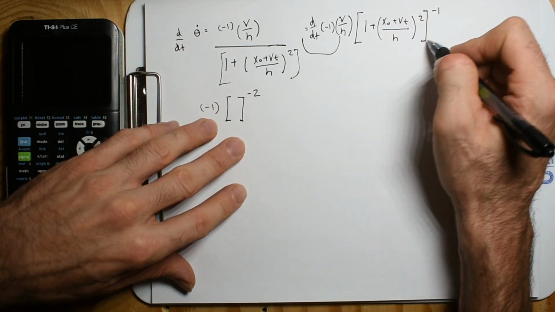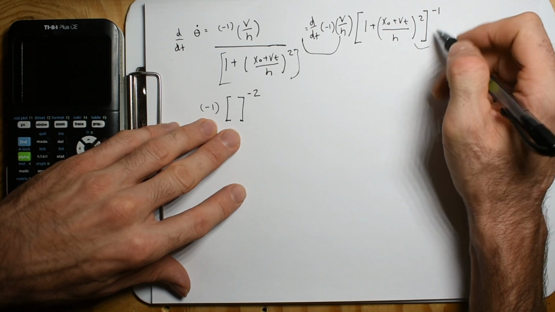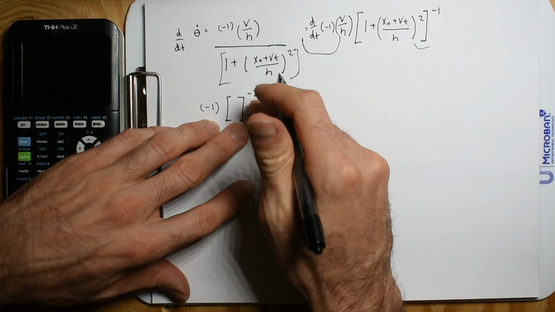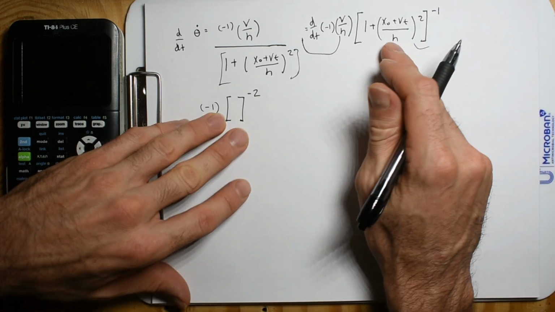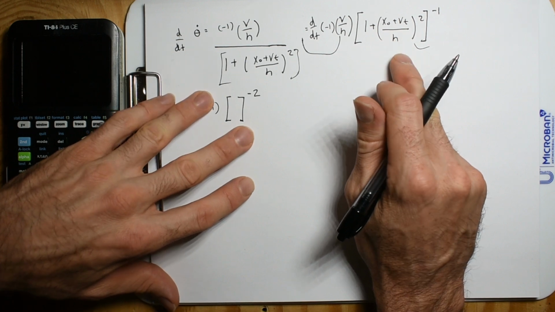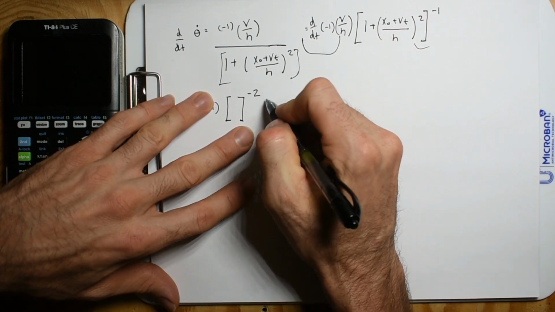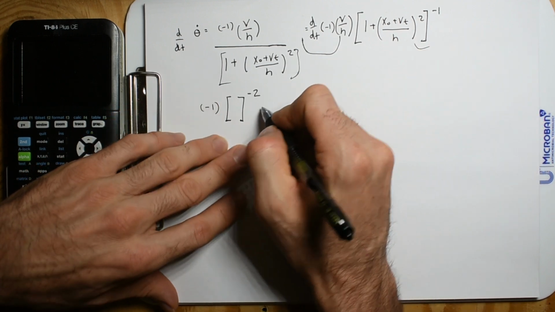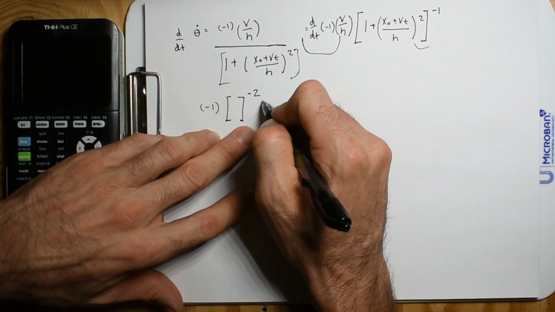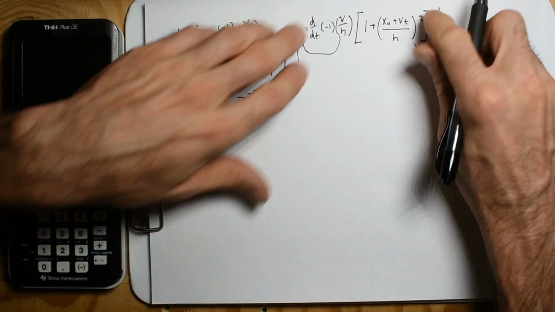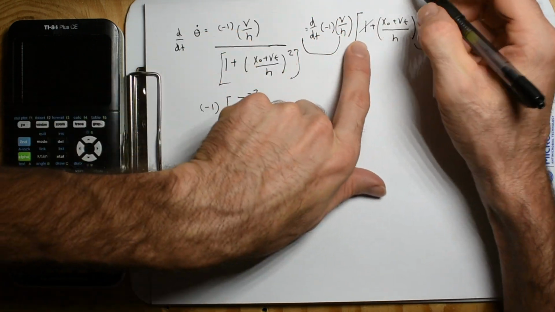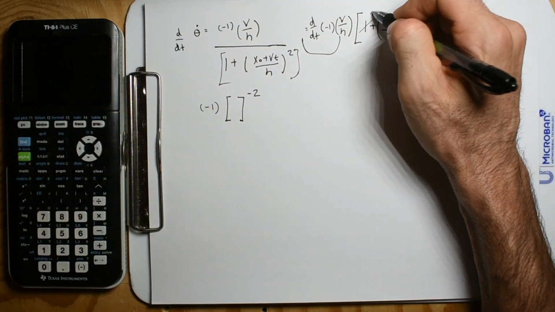Now I need to differentiate, I need to multiply this by the differential of the inside, and that's also a product rule. This is kind of a cool tip. Differentiating this is 0.